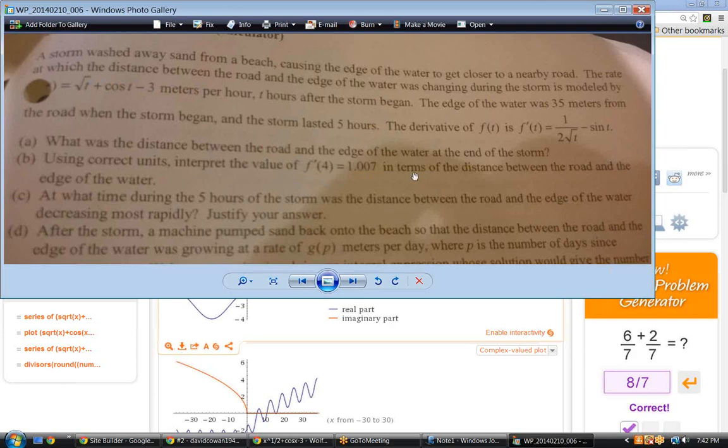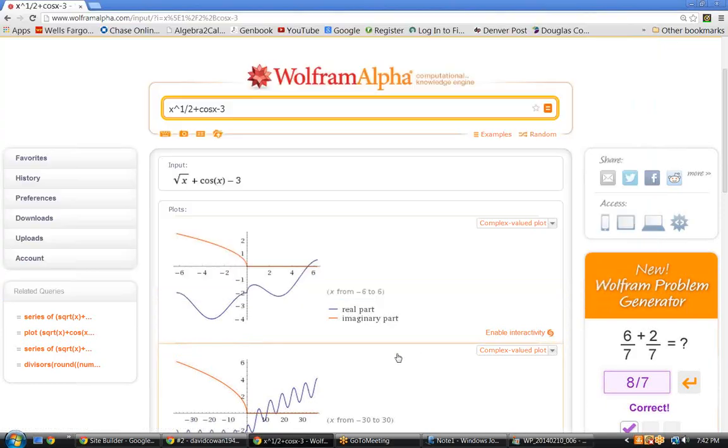Interpret the value in terms of the distance between the road and the edge of the water. Well, let's have another look at this curve.